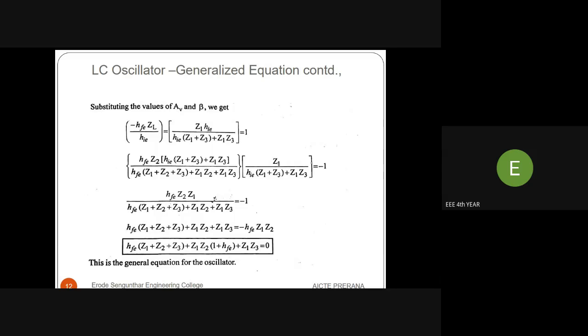Now shifting the minus HFE Z1 Z2 value from right side to left side, we get HFE into Z1 plus Z2 plus Z3 plus Z1 into Z2, this term multiplied by 1 plus HFE plus Z1 into Z3 equal to 0. This is the final general equation for LC oscillator for the condition of oscillation.